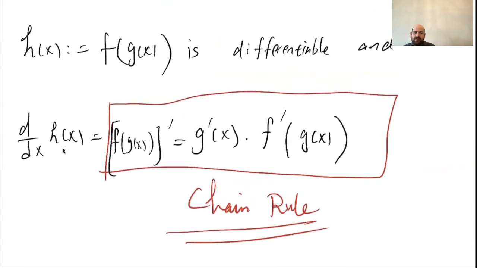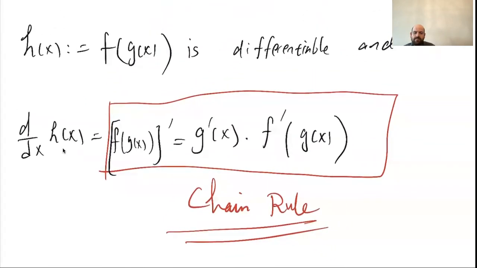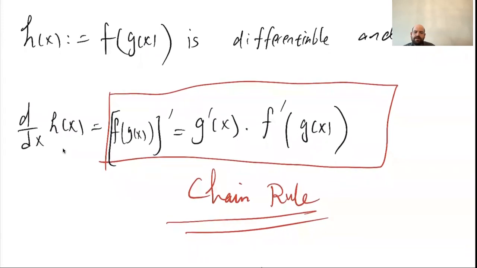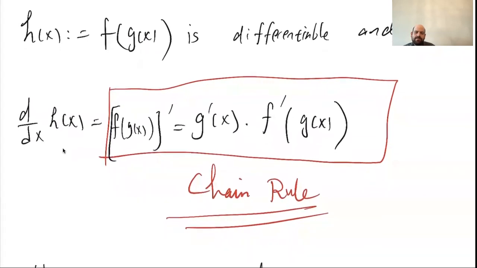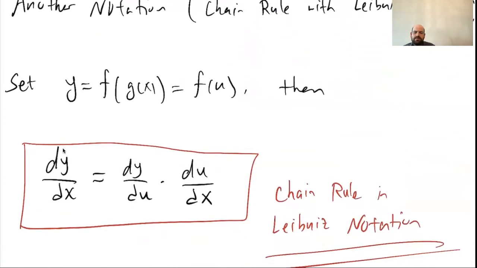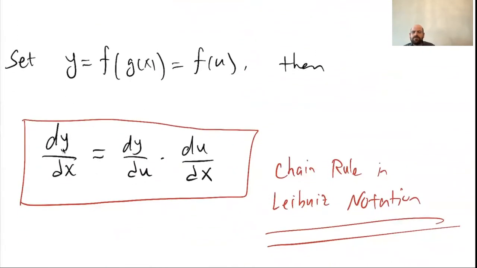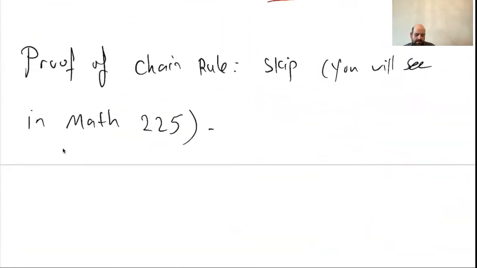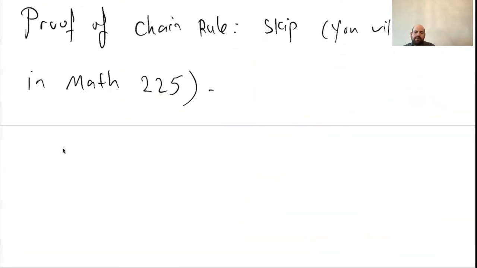H of x is f of g of x. So f of g of x, the whole derivative, is g prime of x times f prime of g of x. So all these 3 notations are common and can be useful depending on your preference and depending on the type of example. The proof we said we will skip. So what we have to do, some examples, there can be many important examples can be done with chain rule.